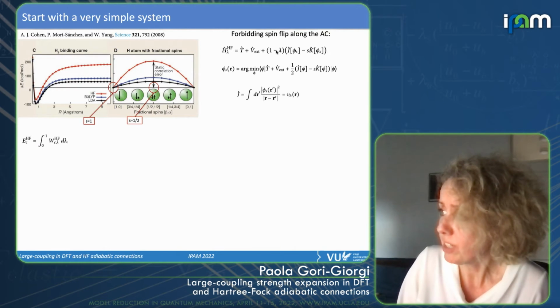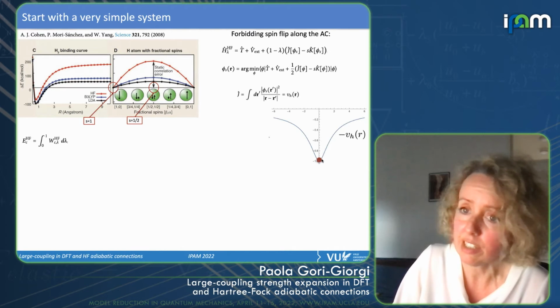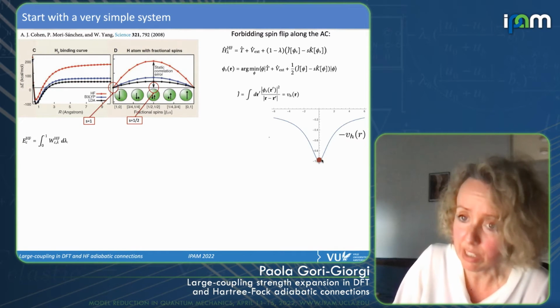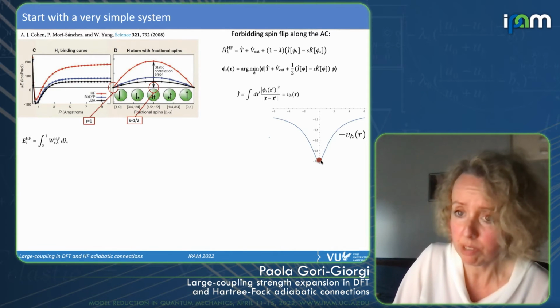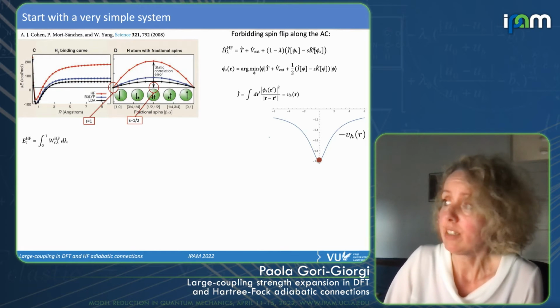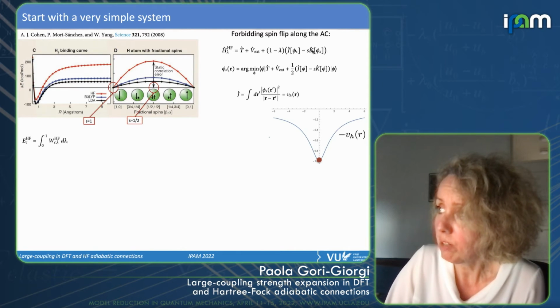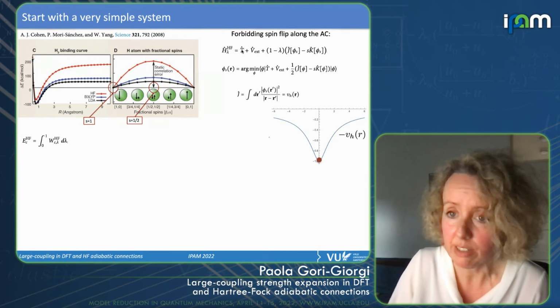So essentially, when lambda is very large, your electron ends up localizing in the minimum of minus the Hartree potential, which in this case looks like this, and the minimum will be at the nucleus. You can show that the exchange operator will enter at the same order as the kinetic energy, so it will be next order.